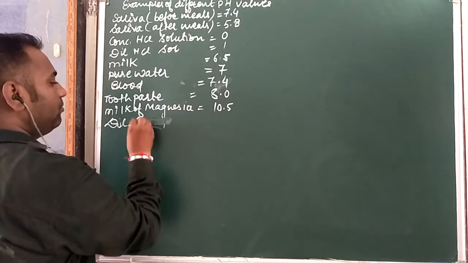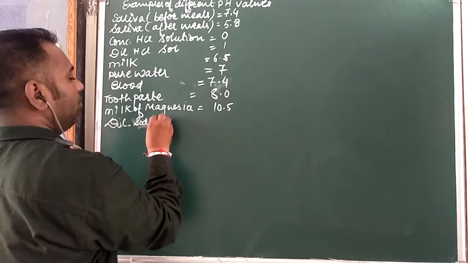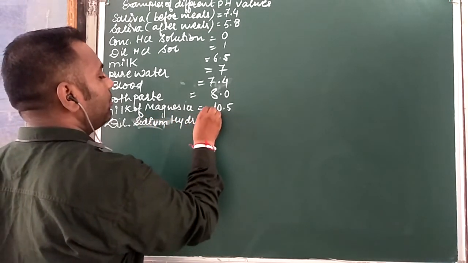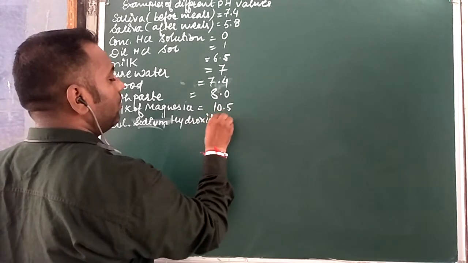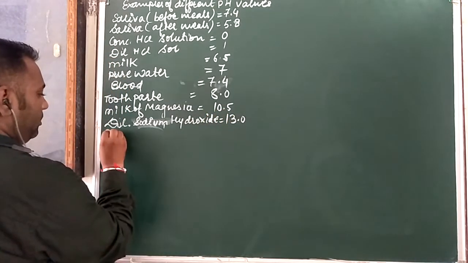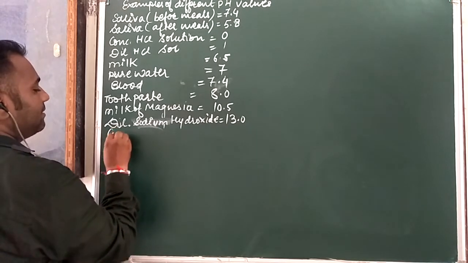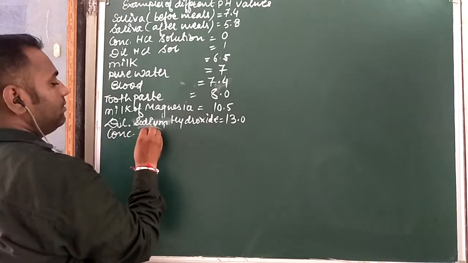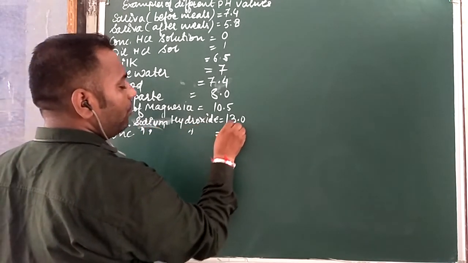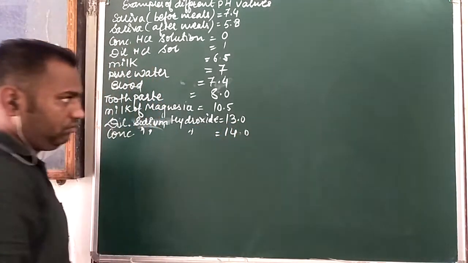NaOH means sodium hydroxide. Dilute sodium hydroxide 13.0, and concentrated sodium hydroxide 14.